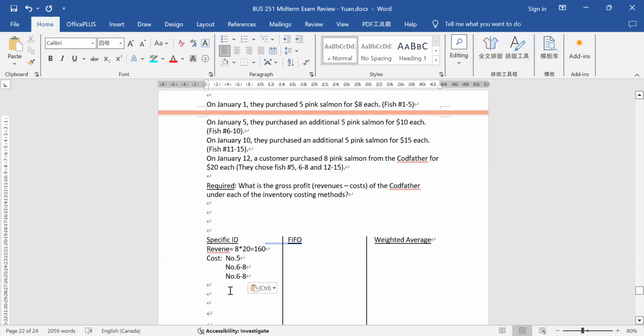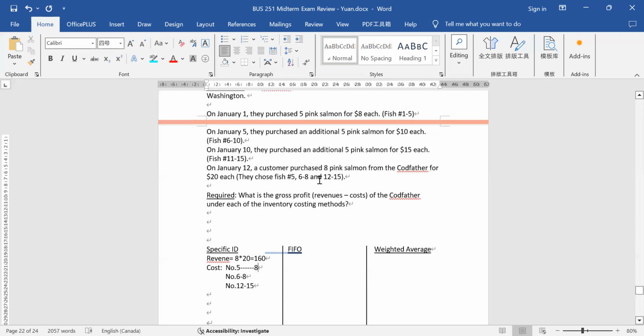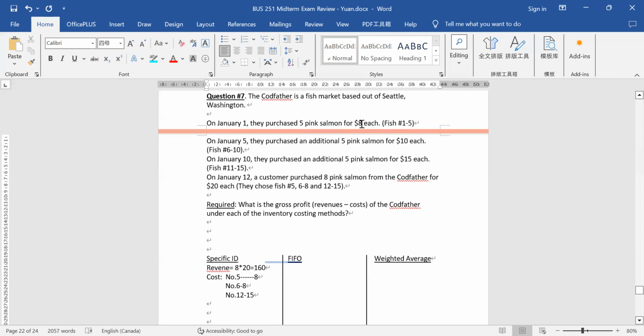They choose 12 to 15. So how much is this? What's the cost? 8, right? Because number 5, by the time you purchased it, it's 8.